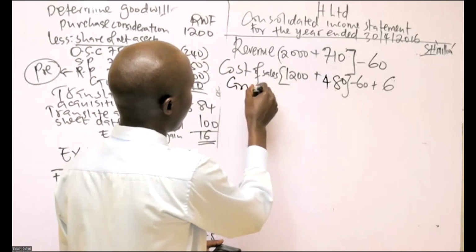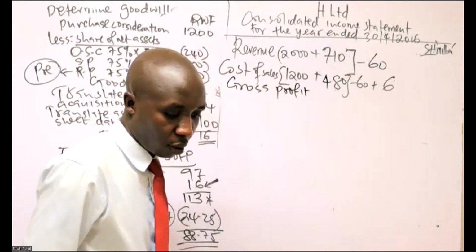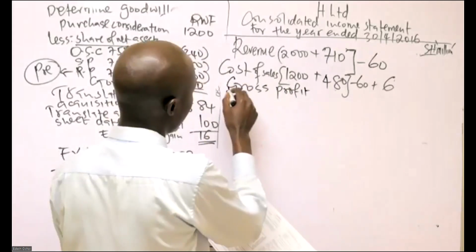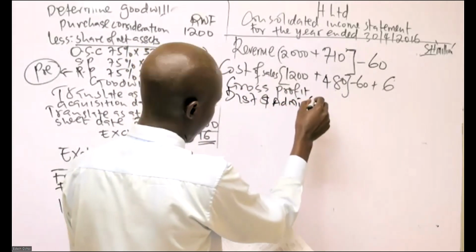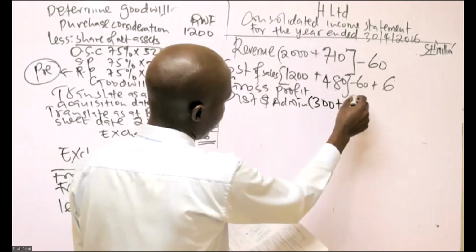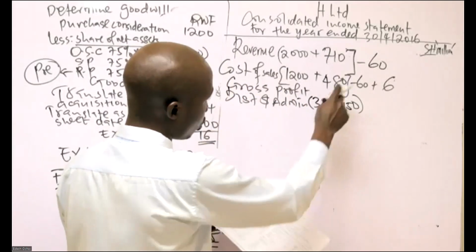So we get the gross profit. After the gross profit, we go towards distribution and admin. 300 plus 150, the translated, or we take 200 divided by 2.